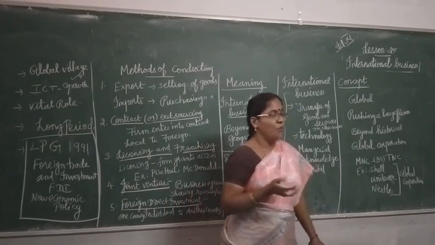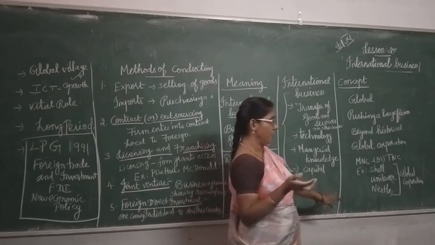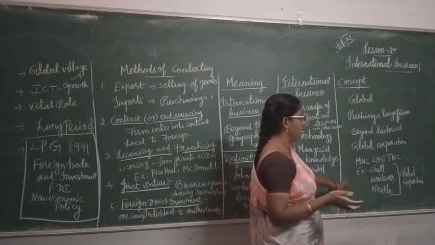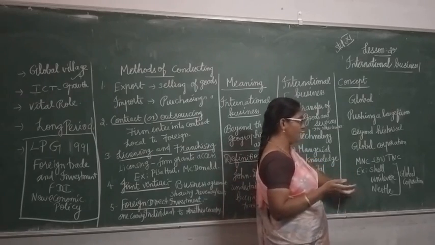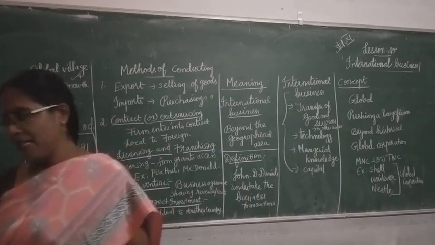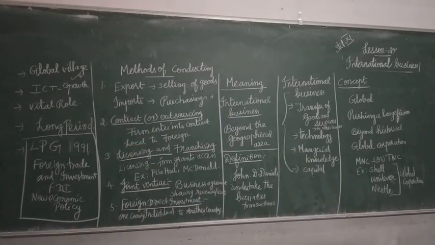So, what are the global corporation companies? That is Shell, Unilever, Nestle. These are all global corporation companies. Why do we call them global corporation companies? The reason is they cannot be labeled, because one product is produced in France, another in Germany, another in the Netherlands.